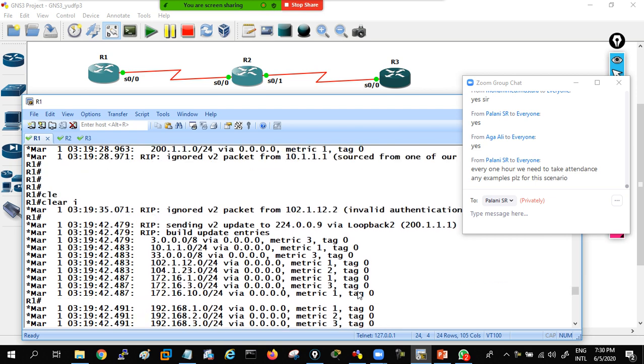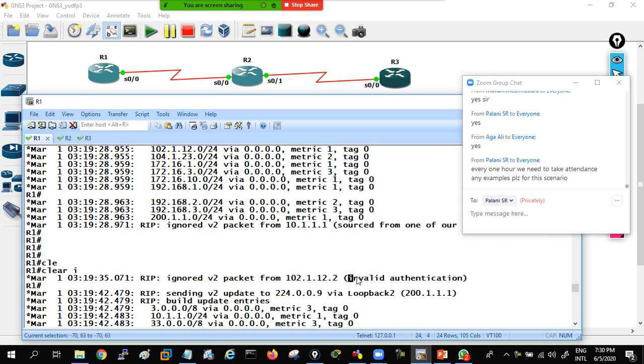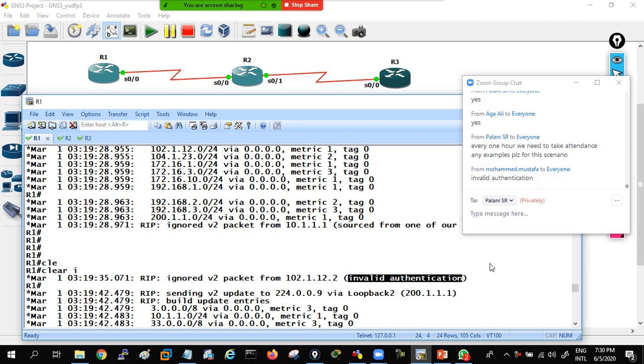Did you see that? Invalid authentication. What does it mean? Because we enabled the RIP authentication. If the other guy wants to exchange routing updates with router 1, because router 1 is sending its updates to router 2 through the serial interface, right?